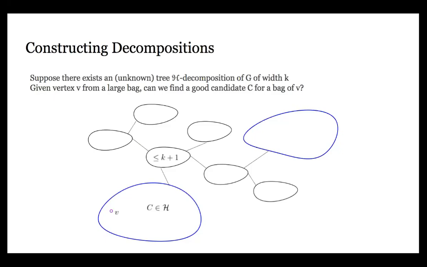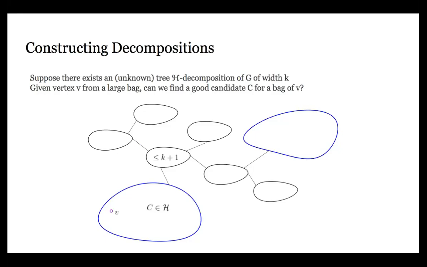Suppose we are given a vertex from a large bag, and we are promised that this vertex v belongs to a large bag, and the problem that we want to solve is to find a good candidate for this bag.